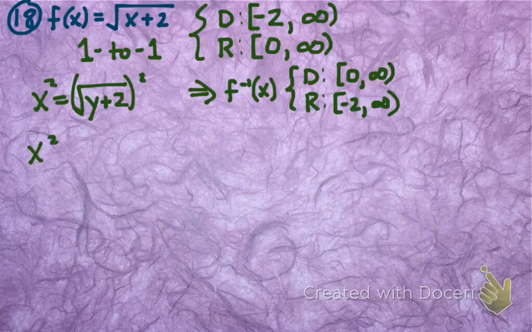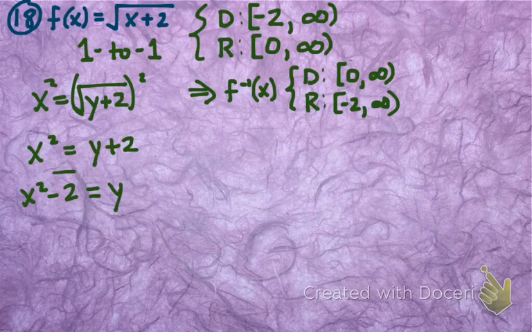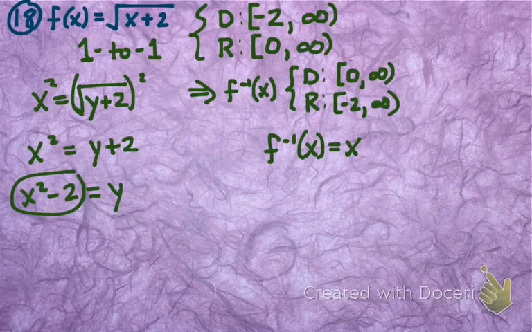So we have x squared equals y plus 2. And then we need to subtract 2 from both sides. So we get x squared minus 2 equals y. And once we get y isolated, that is our inverse. So we come over here and say f inverse of x equals x squared minus 2.